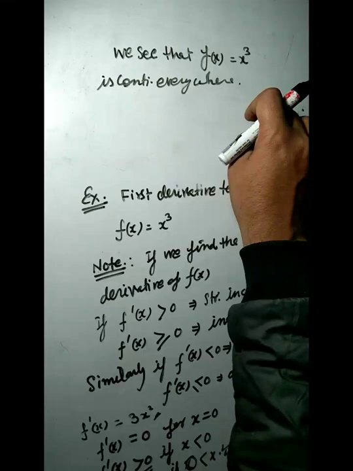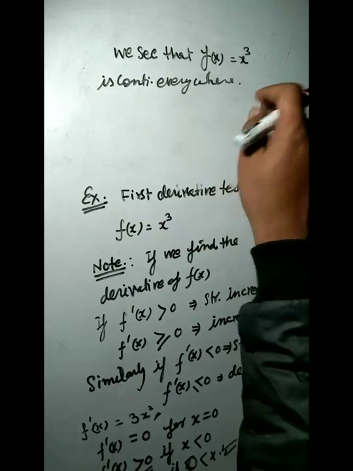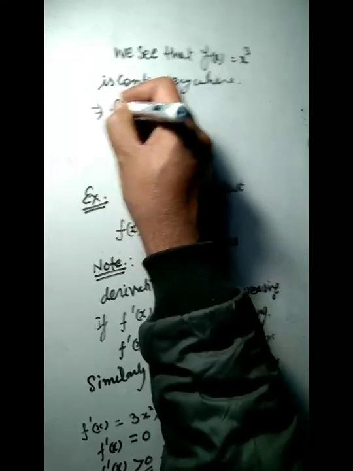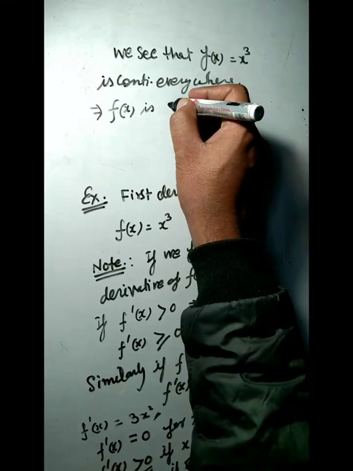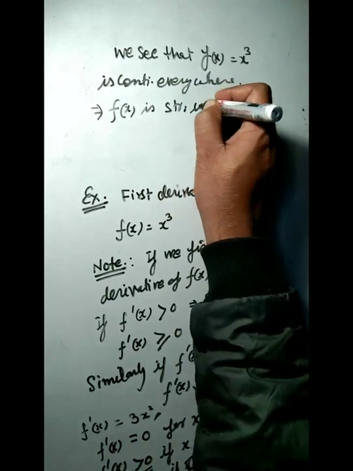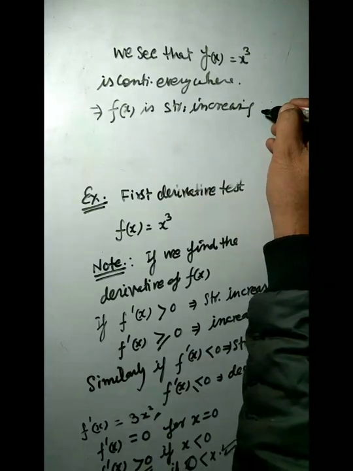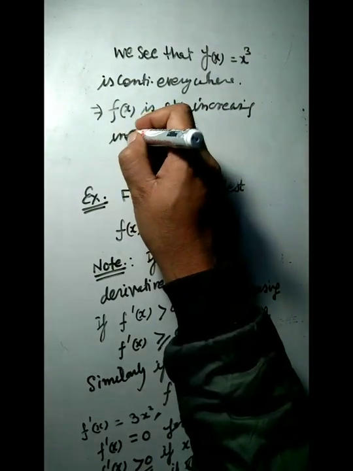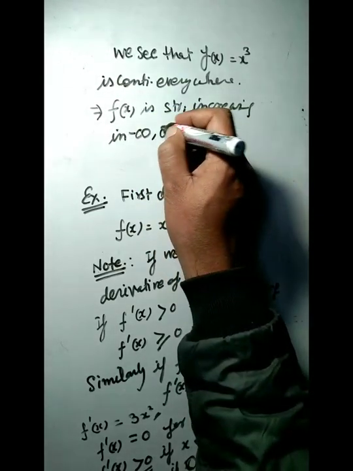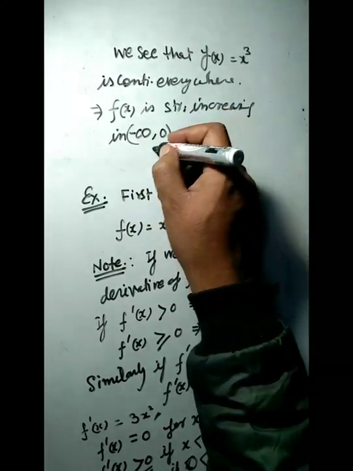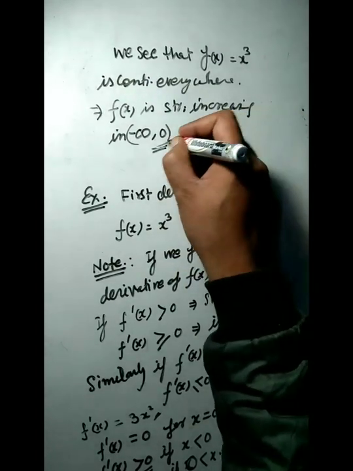We can check it easily. So the function is strictly increasing in minus infinity to 0, and we will use this interval for the strictly increasing case.